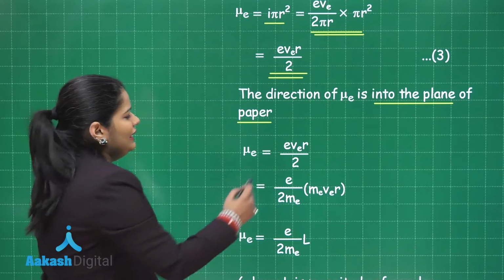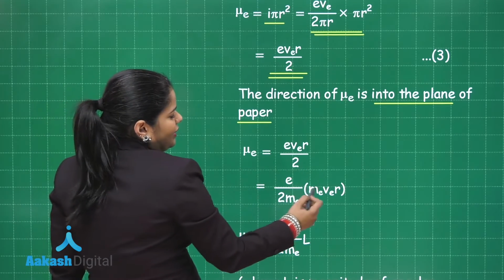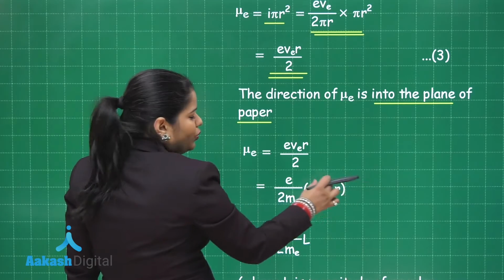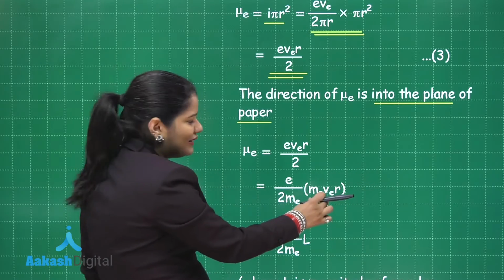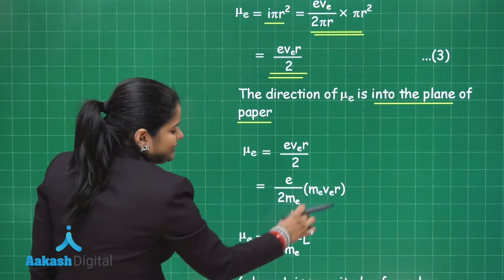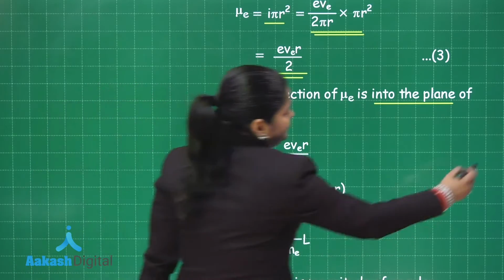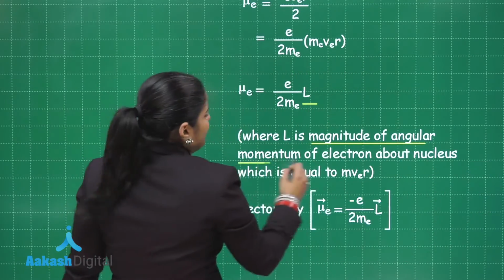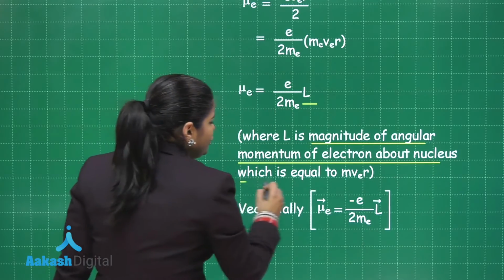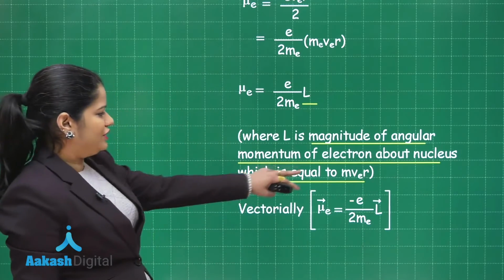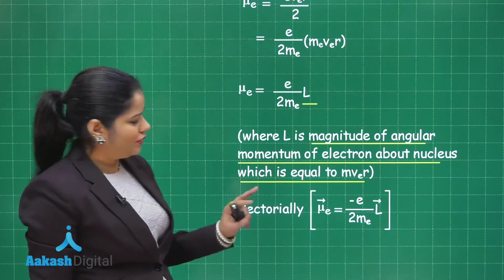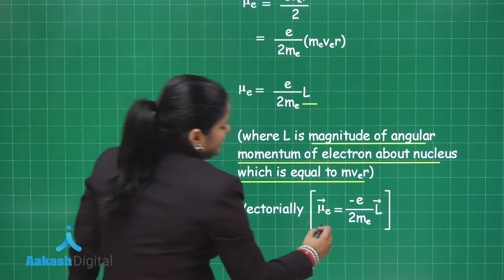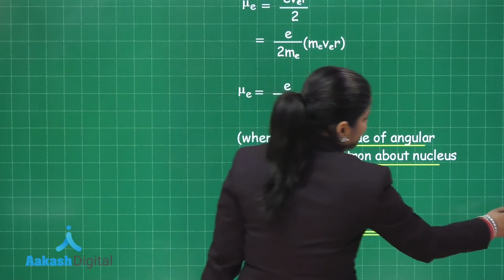We will get in the numerator a term mvr. What is mvr? That is the angular momentum. So we can replace this with L, where L is the magnitude of the angular momentum of the electron about the nucleus, which is mvr. In the vectorial form you can also write it like this.